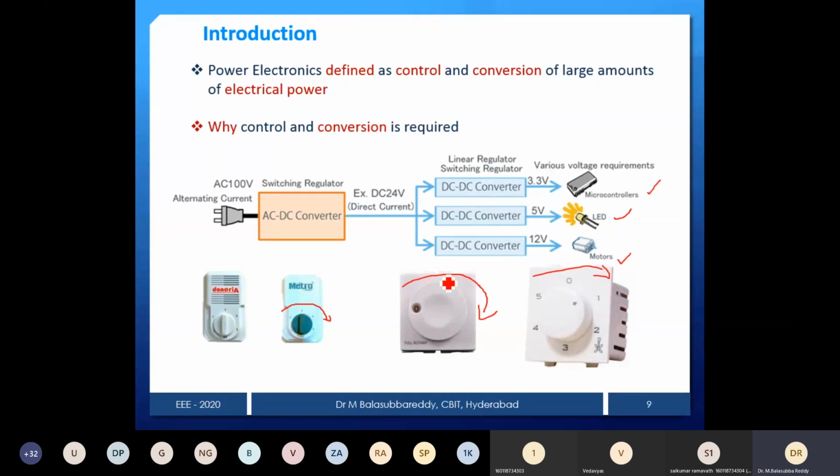And if you want to control the speed of motors, AC motors, DC motors, many things, instead of conventional methods, you can use a power electronics controller. Lot more advantages are there. So we will see all these things in our individual controller applications, and then only we'll start the actual syllabus.